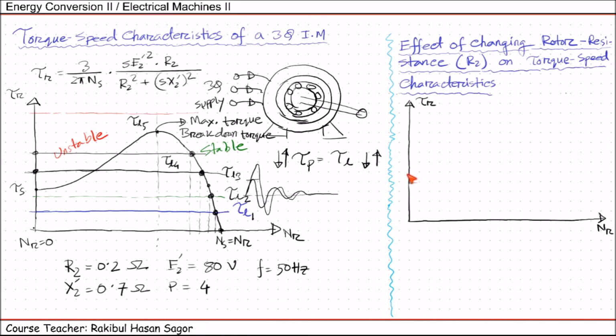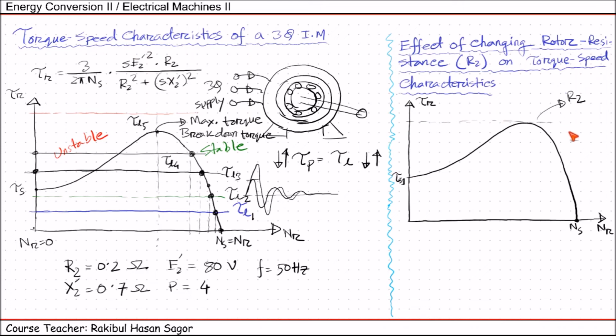So for the initial case, this is the R2 value and this is ns, that means rotor speed equal to synchronous speed. This is the first starting torque, tau S1. This is the peak line.